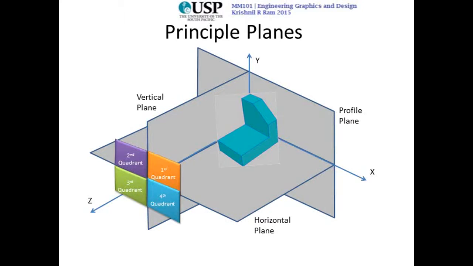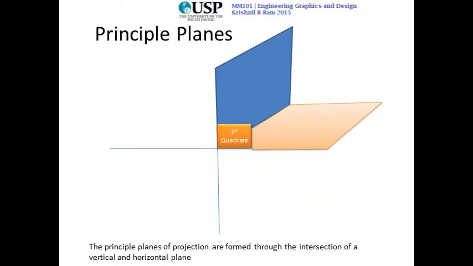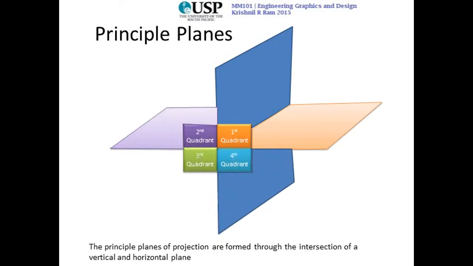These are formed when you pass a horizontal plane and then intersect it with a vertical plane. You get first, second, third, fourth quadrants. Basically, space is divided into 4 portions. Let's look at the first quadrant again. That's the first quadrant, second quadrant, and finally the third and the fourth quadrant.